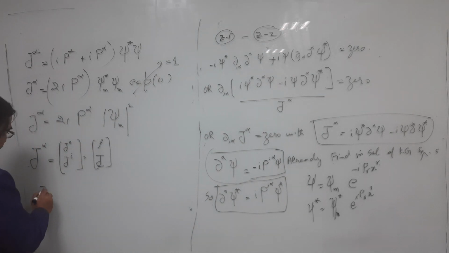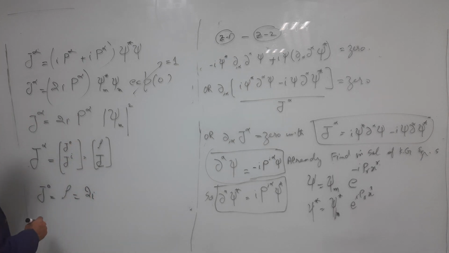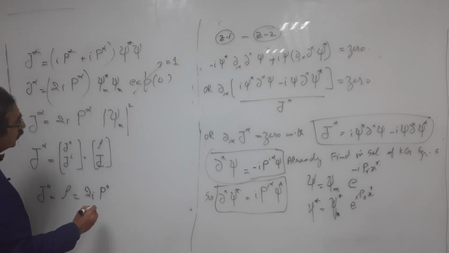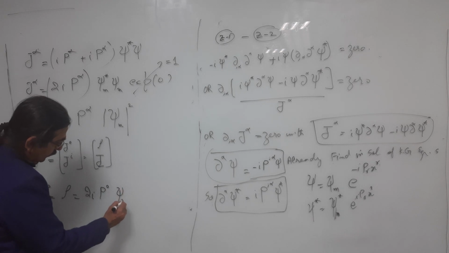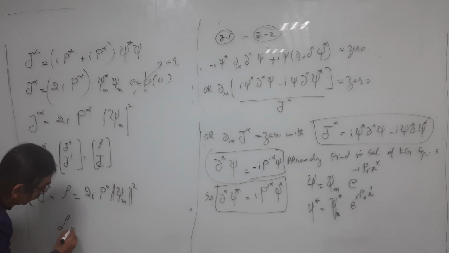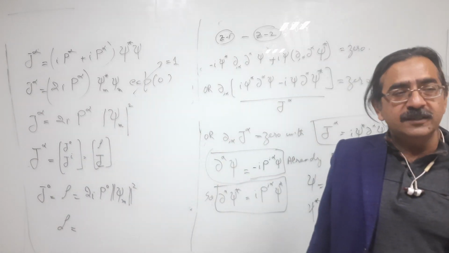So J0, which is rho, is 2 iota P0, okay, and this charge density is equal to this charge density.